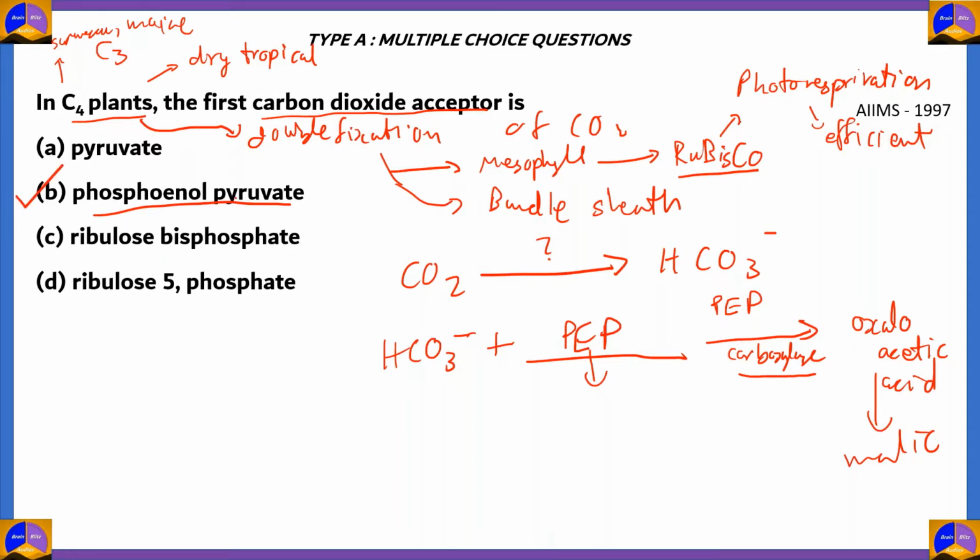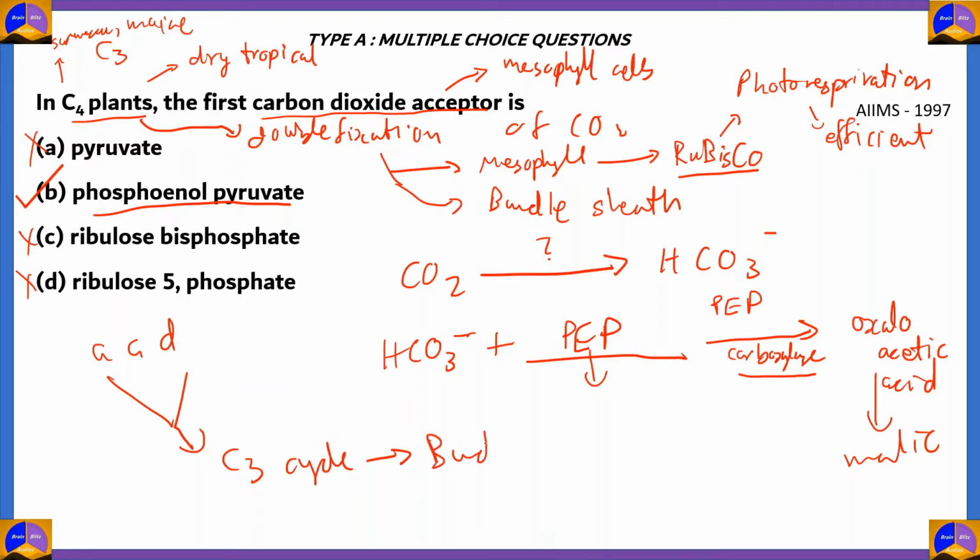Another way to think of this is that the first carbon dioxide acceptor will be present in the mesophyll cells. So we just need to find out which of these is present in the mesophyll, and that will give you the first carbon dioxide acceptor. Options A, C, and D are incorrect because pyruvate, ribulose bisphosphate, and ribulose 5-phosphate are all present in the C3 cycle. And this C3 cycle happens in the bundle sheath cells.